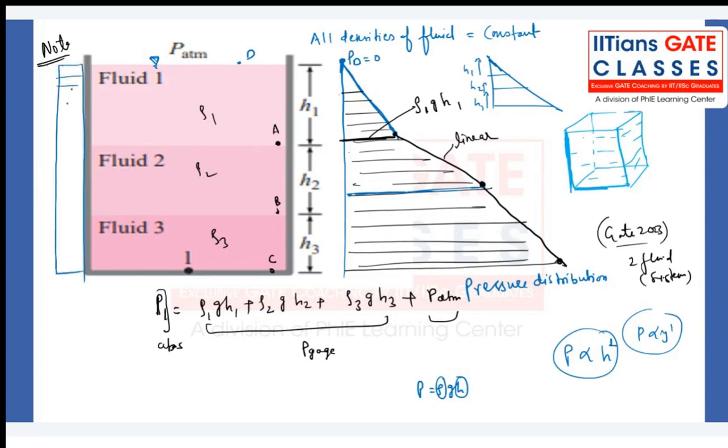P atm will be there, and then the variation can be like this. It depends on the value. Apart from that, P atm will also be there.